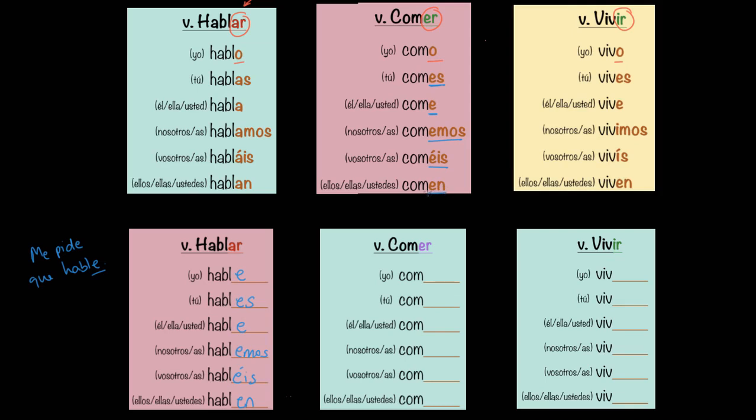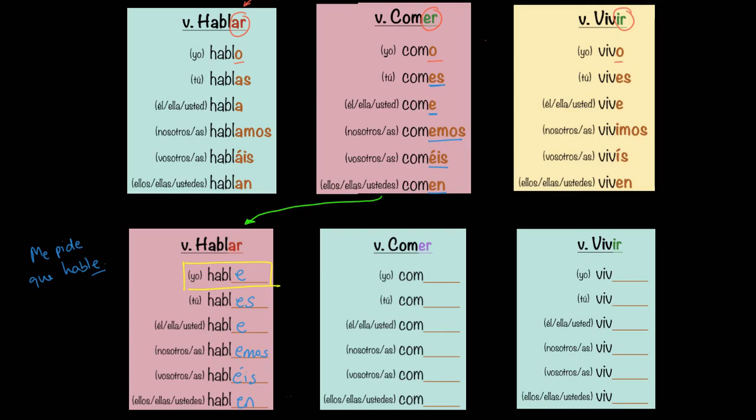Look at this. What's happened here is that, other than in the I form, the endings of the present indicative of the ER verbs are used for the AR verbs. And then what do you think may happen with the ER verbs?